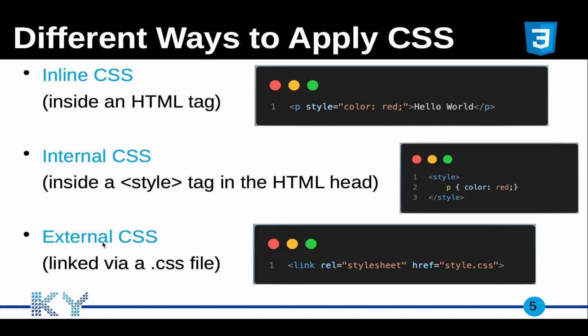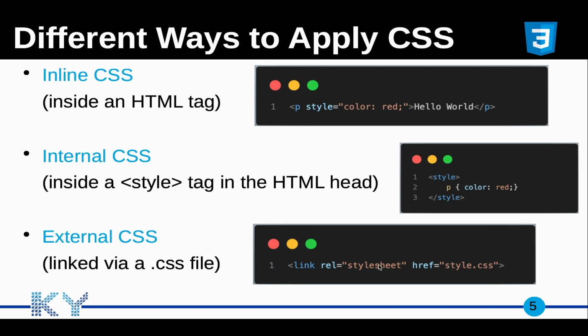Then for the external CSS, what we do is create a separate file, much like how we would create an HTML file. You name it whatever you want and give it .html. That's the same way we would also create a CSS file, whatever name you want to give it, then .css. Then within your HTML file, you would link your CSS file, and we use a link tag for this, also within the head tag of the HTML structure.